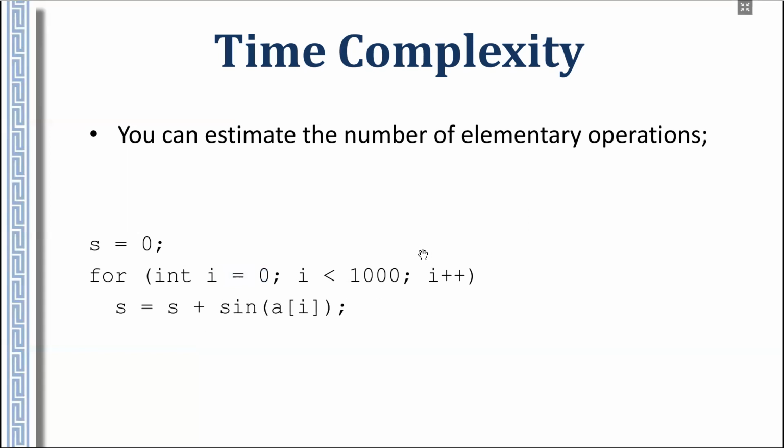Okay, but if we have such a code with sine, can we also count the number of elementary operations? For sine, you should understand what is inside it. In fact, it is typically implemented using a complex formula that uses multiplications and sums, and it takes about 20 or 30 arithmetic operations, so in total it can be 20,000 or 30,000 or something like this.